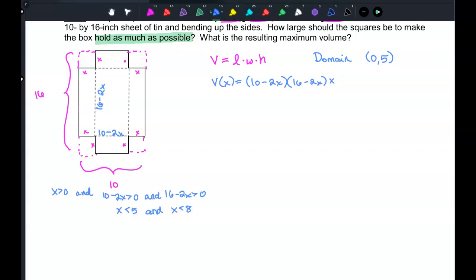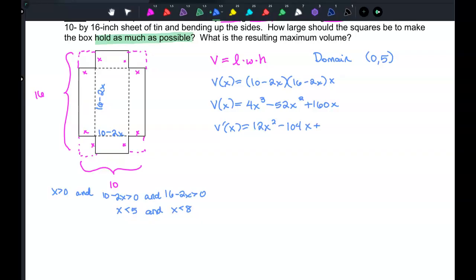All right, sorry. Let me save you some algebra time, unless you really want to do it. Here we go. When we multiply this all out, we get 4x cubed minus 52x squared plus 160x. Okay, now we want to do the derivative.